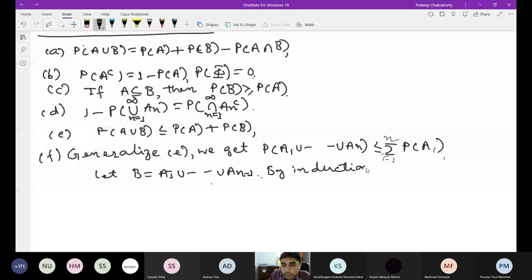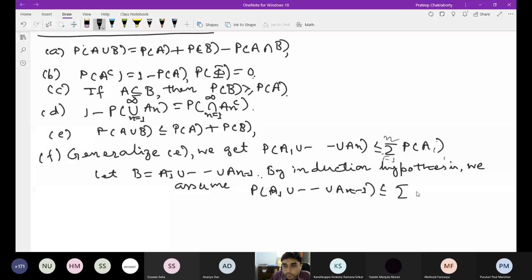So by induction hypothesis, we assume P of A1 union A n minus 1 is less equal to summation P A I, I equal to 1 to n minus 1. So this is our induction hypothesis. This is true for n minus 1. We will prove for n.